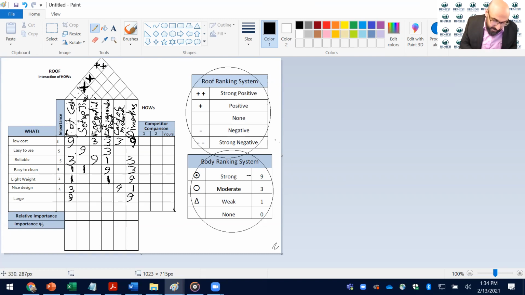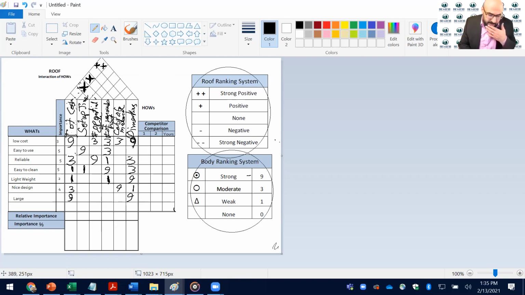Setup time and number of operational cycles, there's no relationship. Setup time with the number of removable parts, I don't see any relation. Setup time and color of exterior material, nothing. Setup time and dimension, I don't see any relationship. Next, number of operational cycles and number of removable parts.